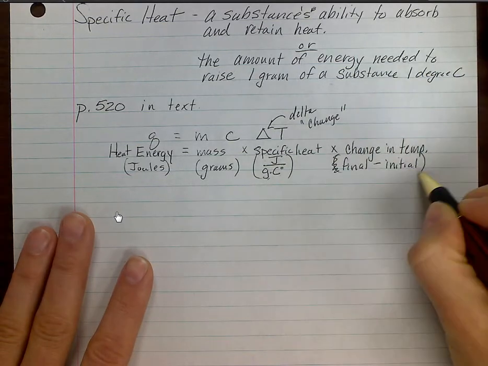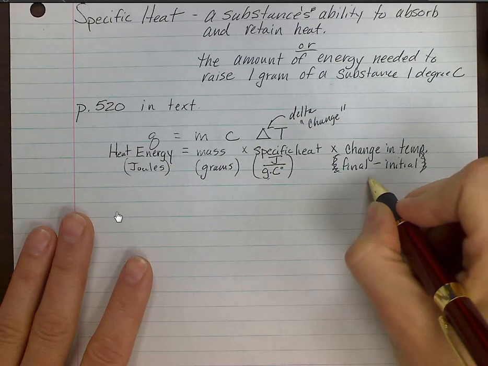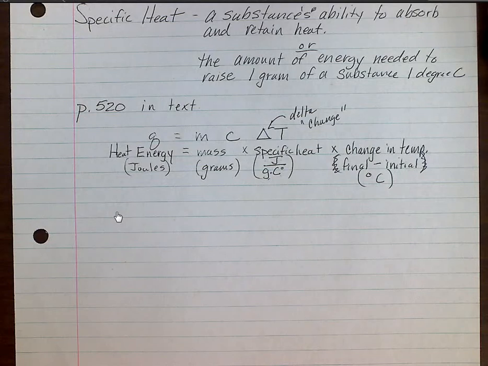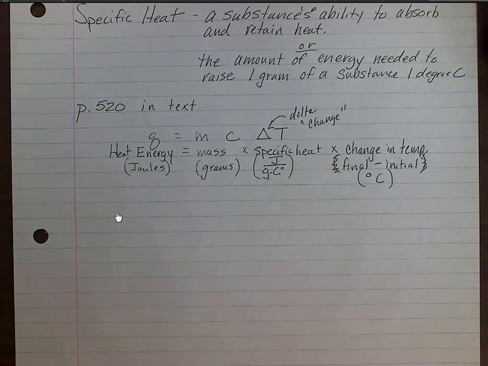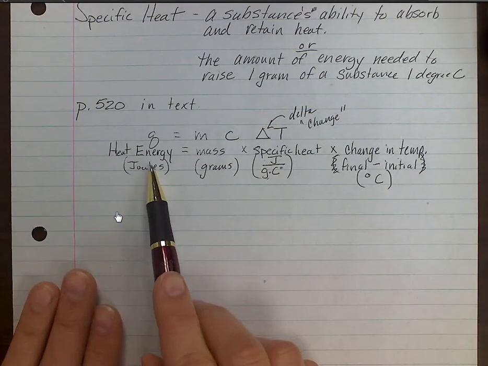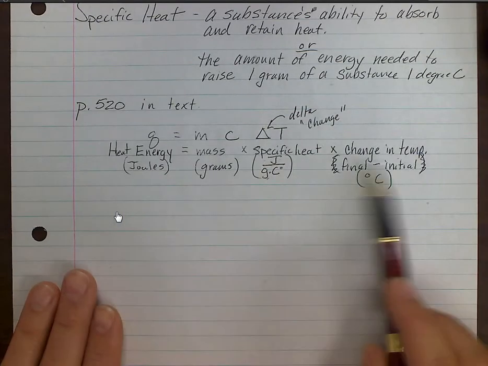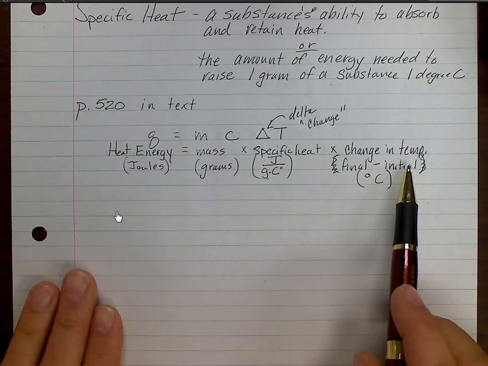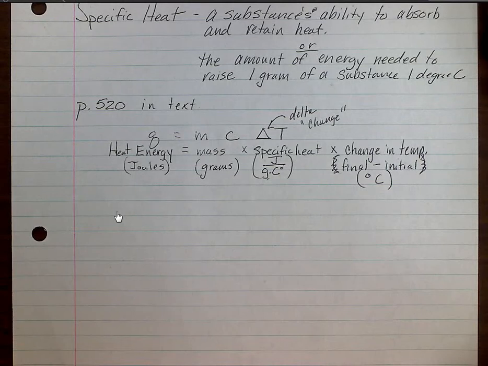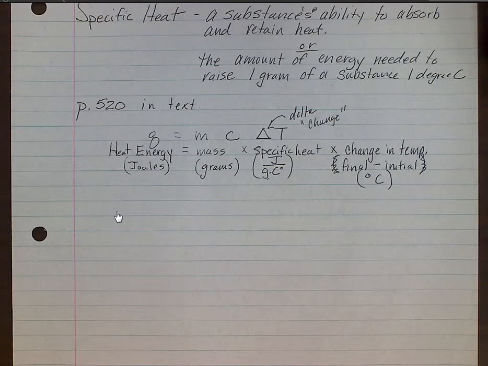And of course the units will be degrees Celsius. So this is the equation. There are 4 variables here: heat energy, mass, specific heat, and change in temperature. And what you'll do is solve for one of these variables in problems. So let's look at page 521, and we're going to work problems 4, 5, and 6.